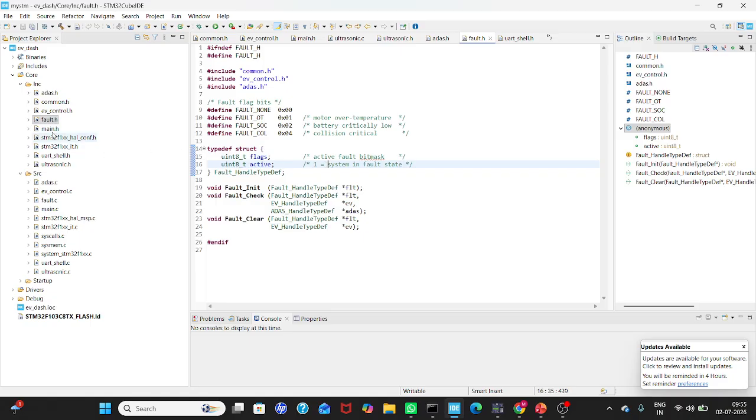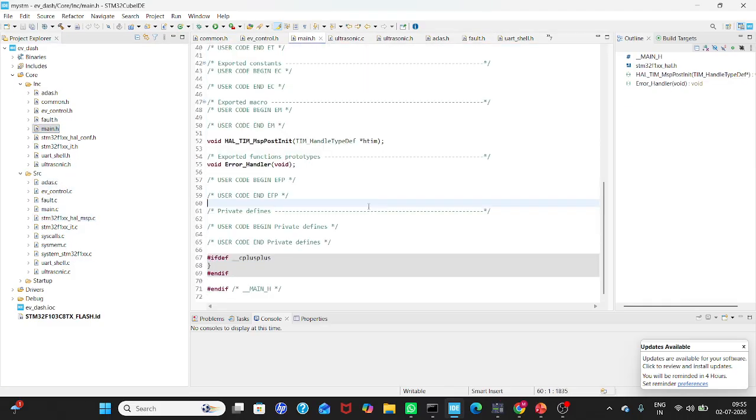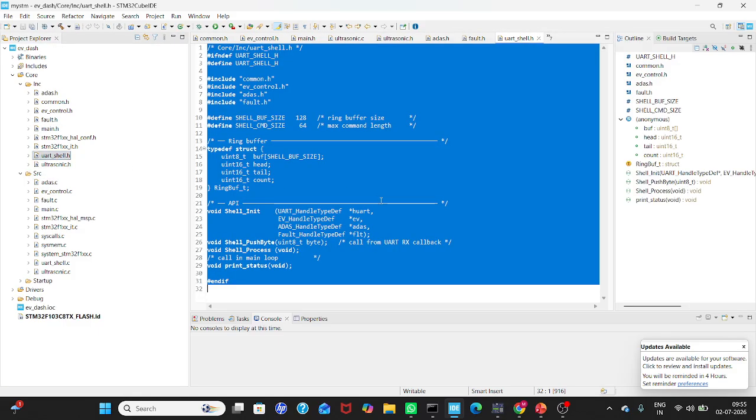And here, if we observe main.h and UART shell.h.